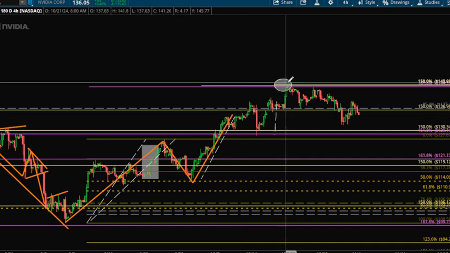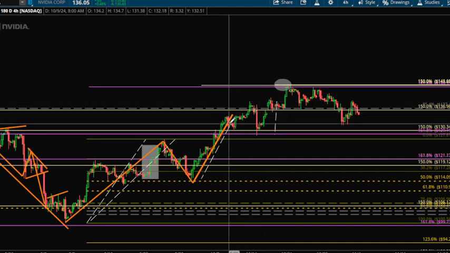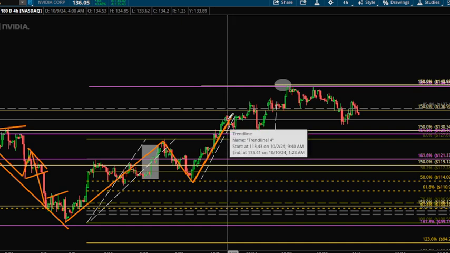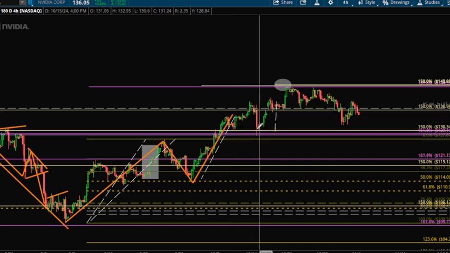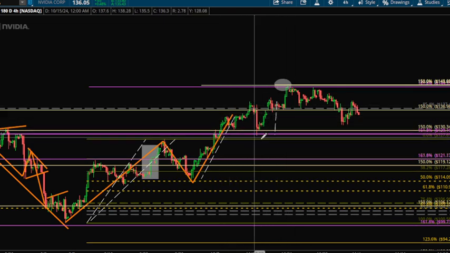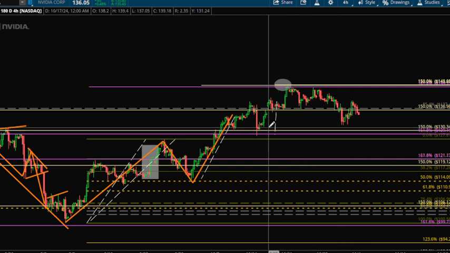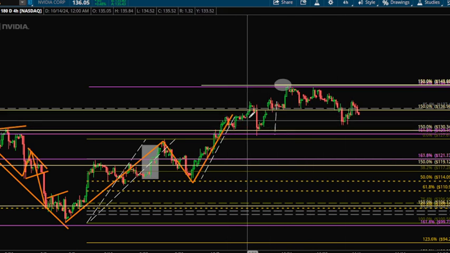Anyways, I've already measured this 150 off of this expanding flat, so it's 1, 2. Let's see, A, B, C. Yeah, so this is an A move here, an expanding flat within an expanding flat. So this isn't done here. This moved down, so it should be like this.